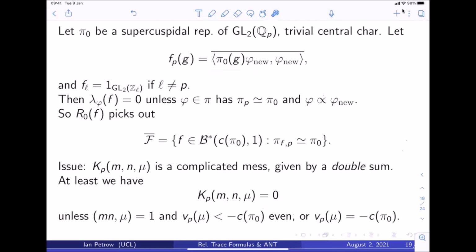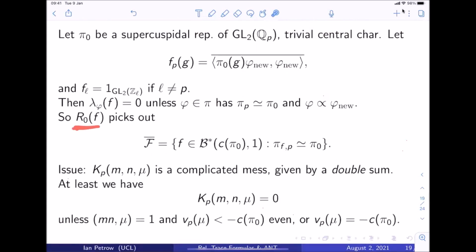So I think, as is well known, this is going to always give you 0, except if phi is a vector in a global representation that has exactly this specified supercuspidal as its P component. And even nicer than that, it's actually going to annihilate all the vectors in this representation except those that are proportional to the new vector, if I use the new form to construct the matrix coefficient.